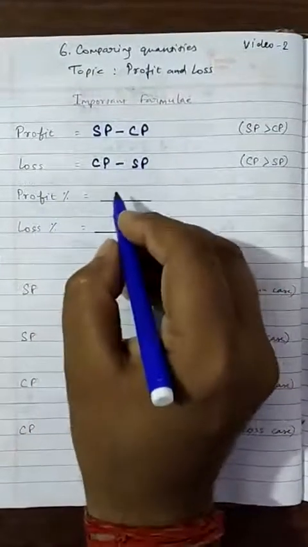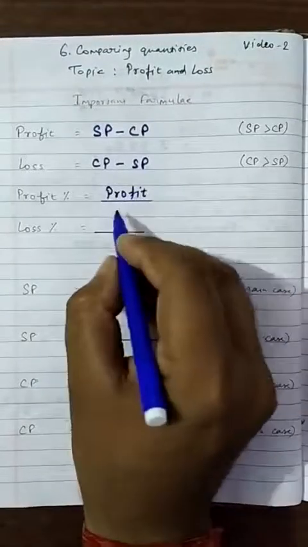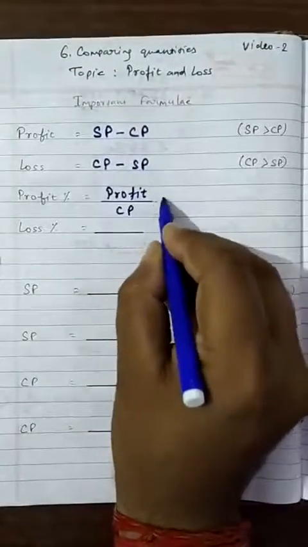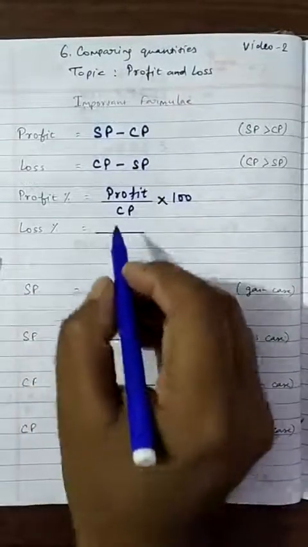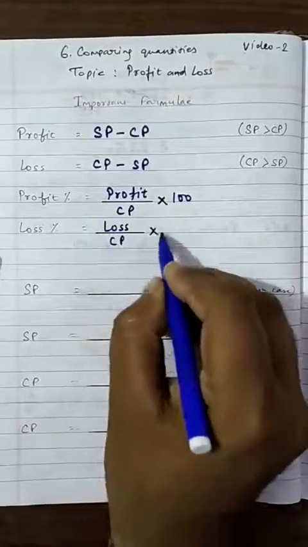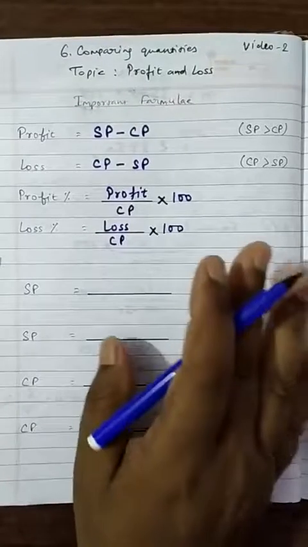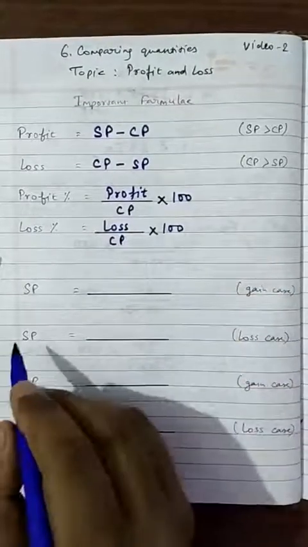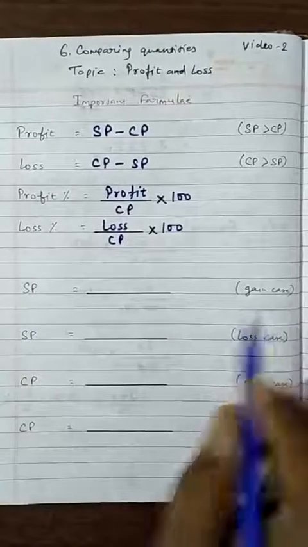Profit percent formula is profit upon CP multiply by 100. Loss percent formula is loss upon CP multiply by 100. You have to learn these formulae by heart. Okay. Next, selling price in the gain case.